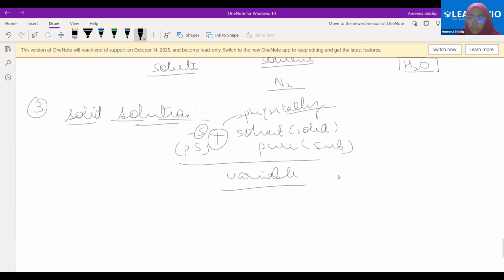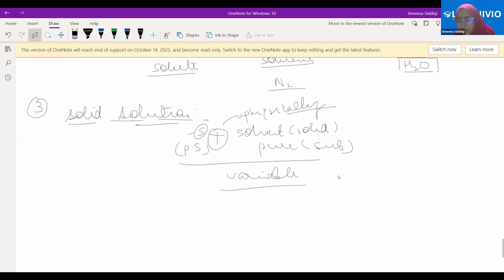It will show the property of the mixture.